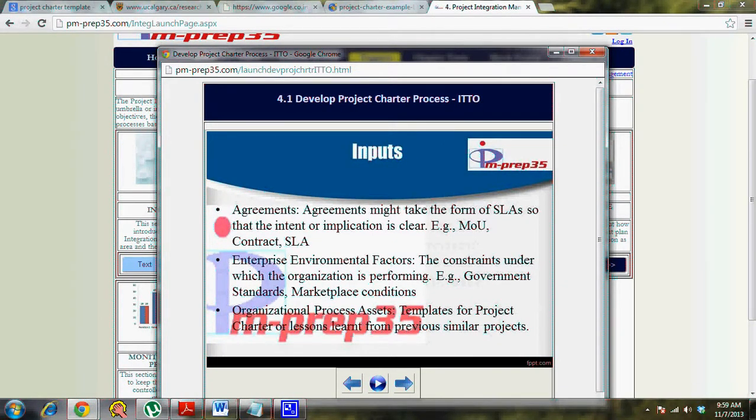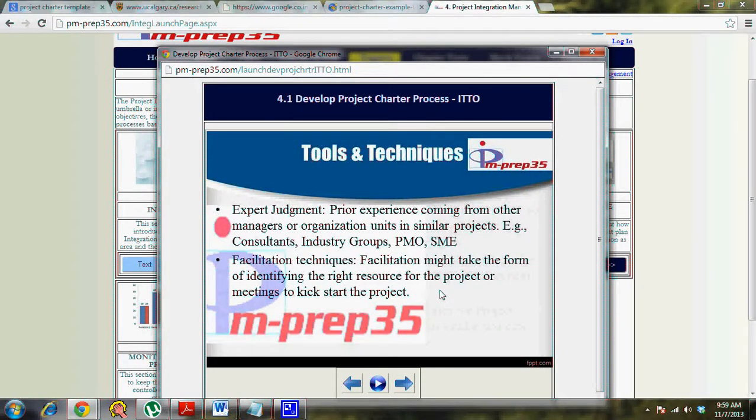So that's where the tools and techniques for this particular process are expert judgment and facilitation techniques. So facilitation technique might be brainstorming, meeting, or any form of convening people together into one place and getting their inputs.